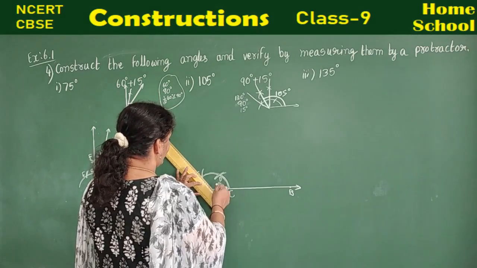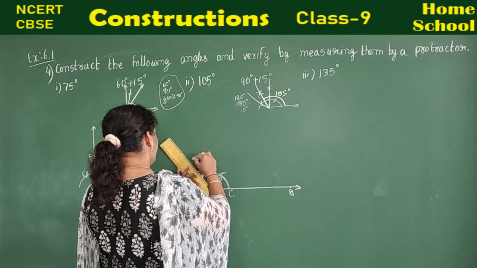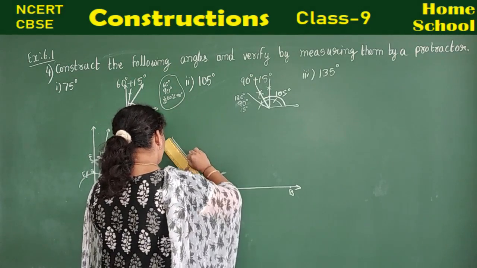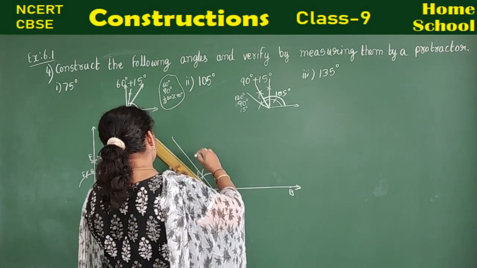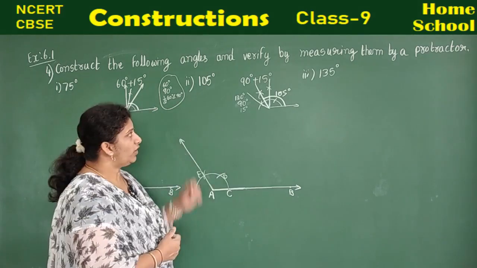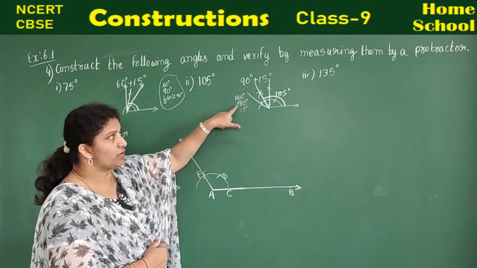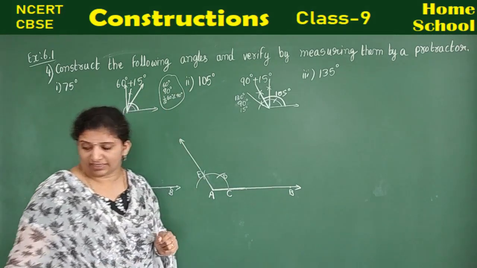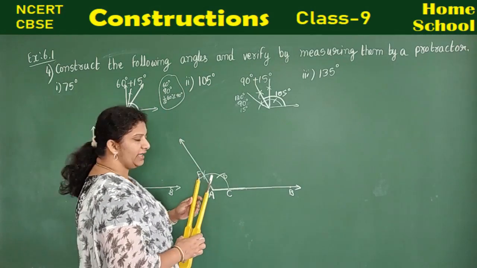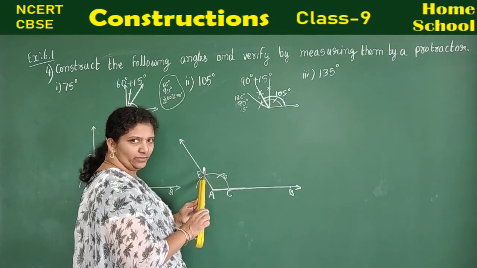Just try to join this. This angle is 120 degree. What we need here, first step 120 is completed. Next, what I need to do? 90 degree angle. 90 degree, how do you create? 60 and 120.